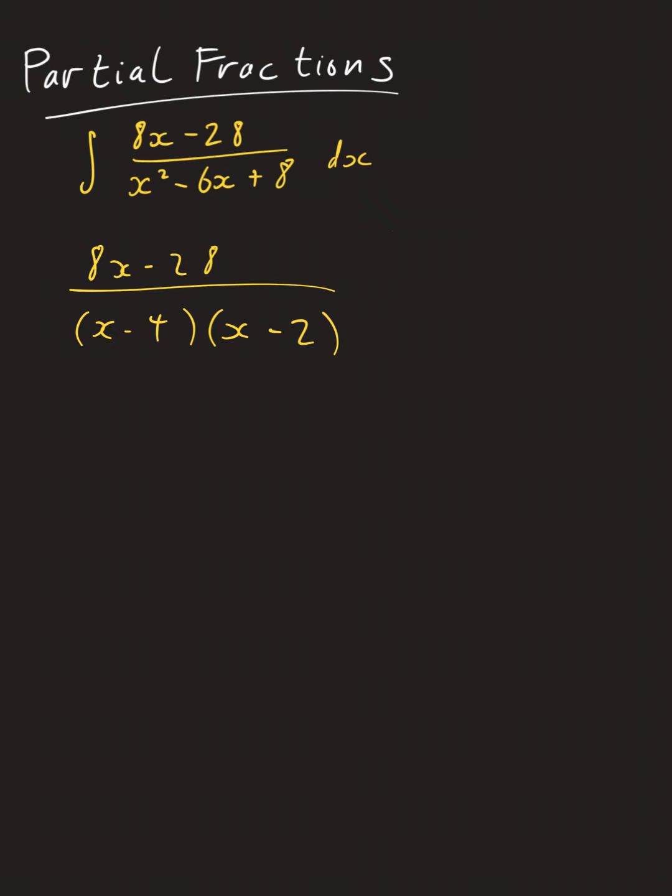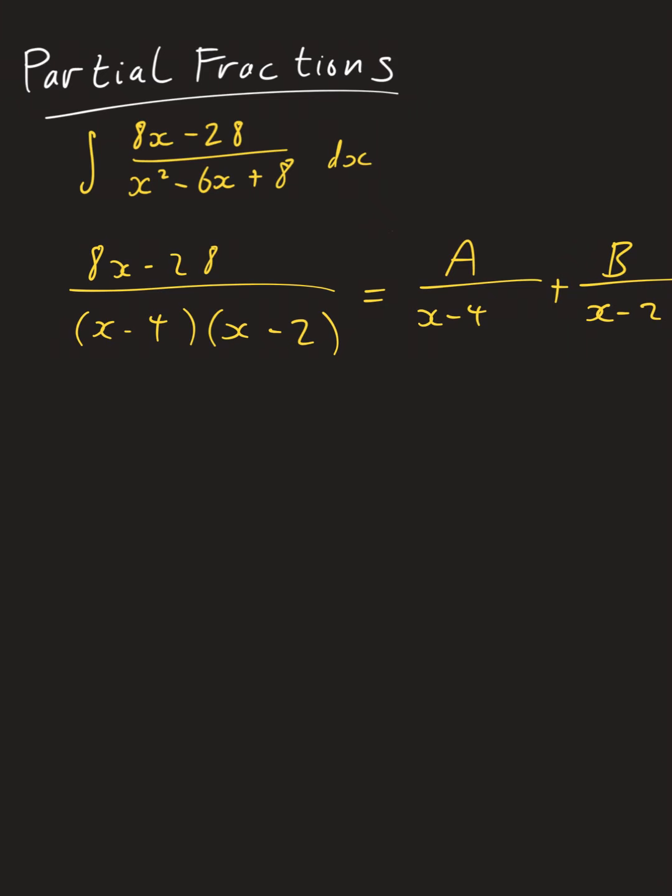Next, I'm going to say that's equal to something we'll call a over x minus 4 plus something else we'll call b over x minus 2. And now we have to figure out what a and b must be in order to make this equation true.